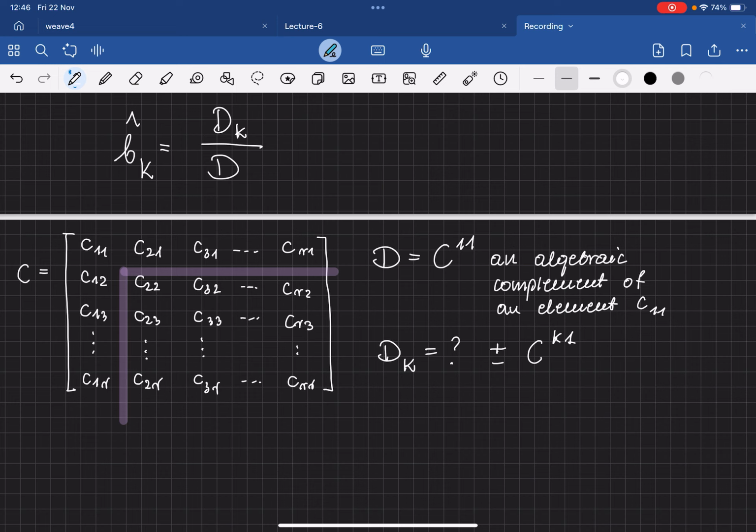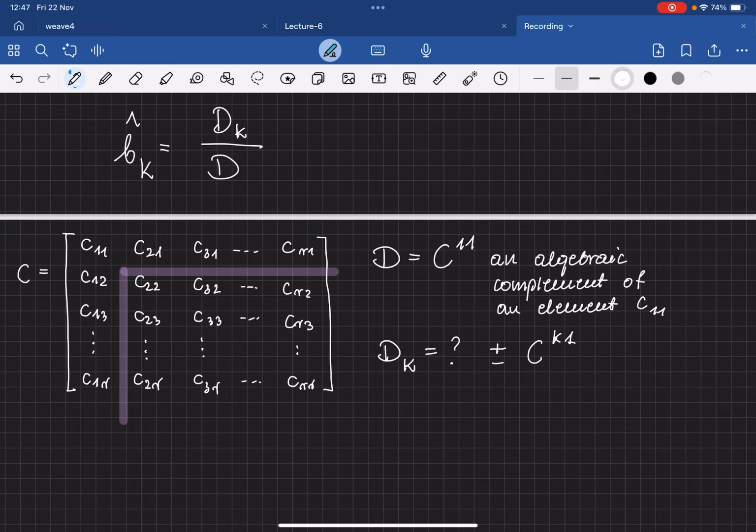So first of all, we have to remember that algebraic complement includes a sign. So algebraic complement is not just the determinant of what is left, but the determinant multiplied by a sign, and this sign is minus 1 to the power of the number of the column and the number of the row.